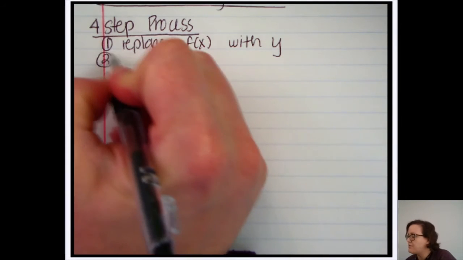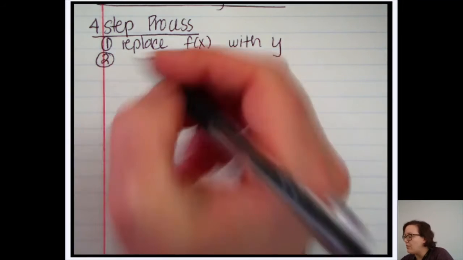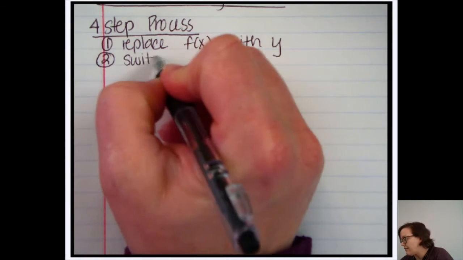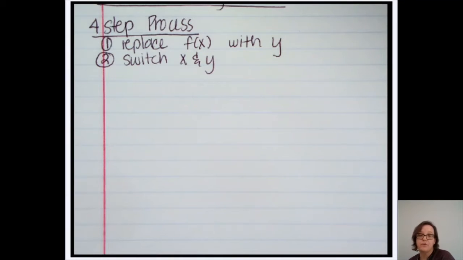Step two, if you think back to our first part, how did we find the inverse when we had a table? Well, all we did was switch the x and the y's around. That's exactly what you have to do in your equation here. So we switch our x and y. Sometimes we do have two x's. That means you'll now have two y's. Notice that can happen.